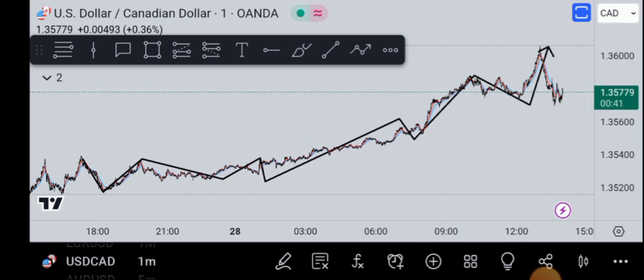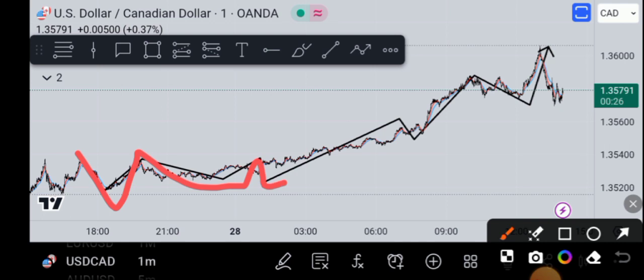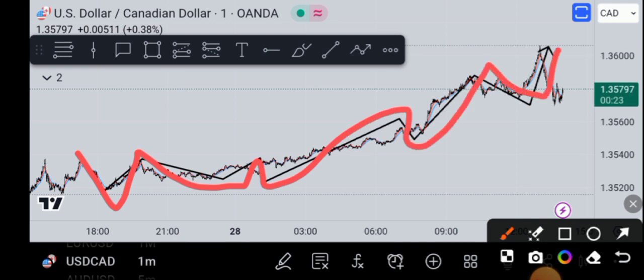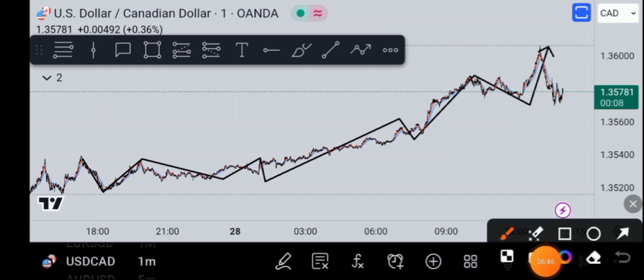I told you before that the chart is simply an indication of the psychology of traders, of the behavior of traders in the market. Right here the price has been moving higher and higher, and from our in-depth analysis, we can further predict where this price will go, whether it will come down or it will keep going up.